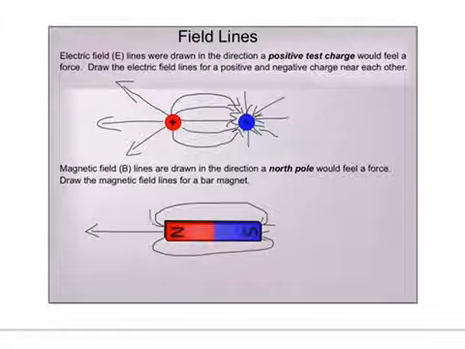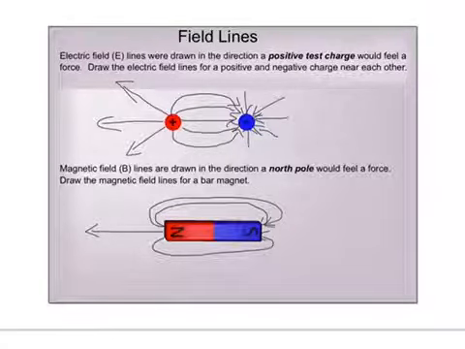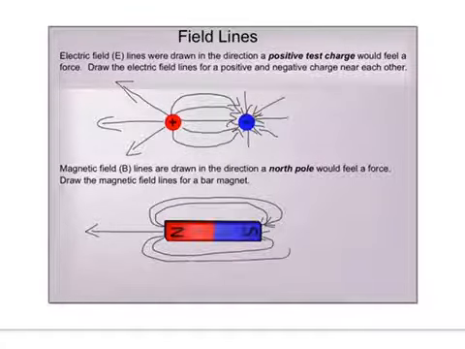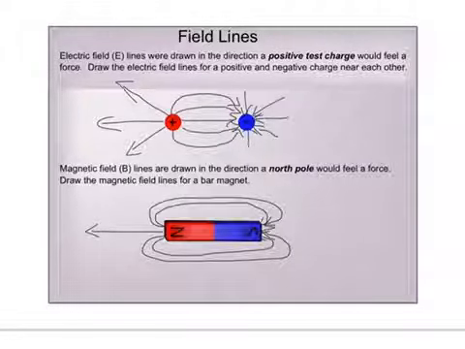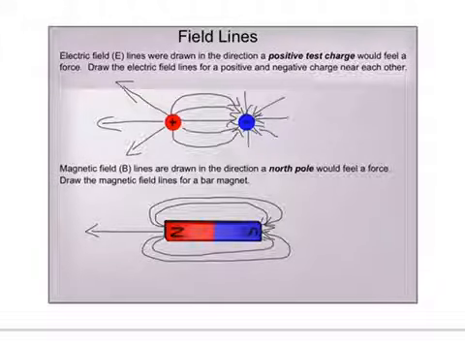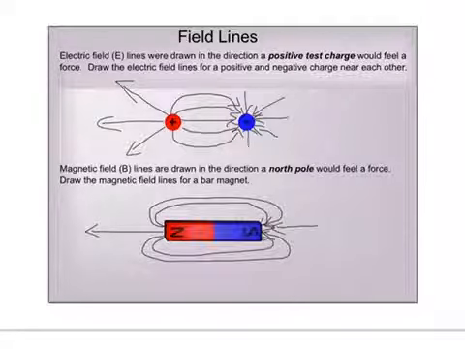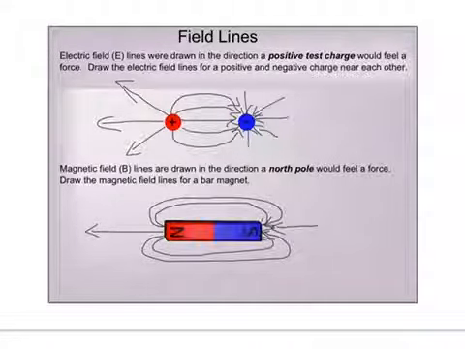And we can make a whole bunch of these, again largely dependent on the strength of the magnet. The stronger the magnet, the more lines. Just like an electric field, stronger the electric field, the higher concentration of field lines that we would draw. But that is exactly what would be happening here, very much like electric fields with the direction of a positive. In place of it, a north pole.